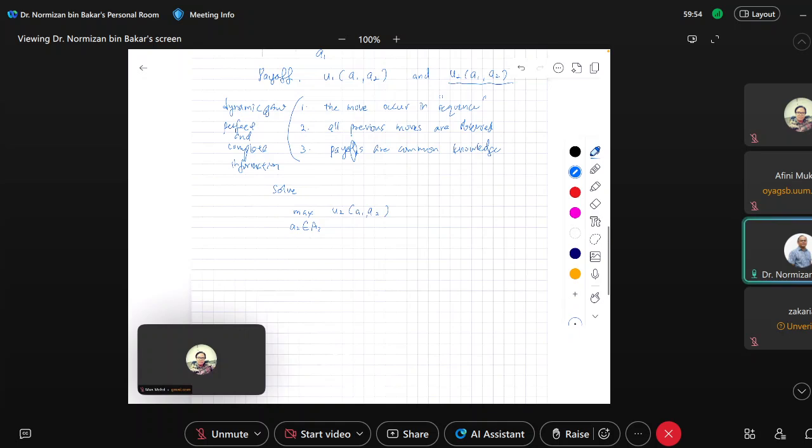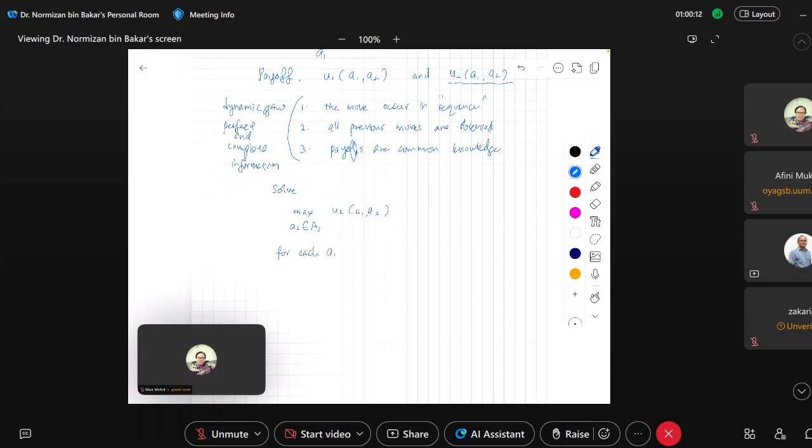So for any A1, okay, player two's optimization problem has a unique solution.